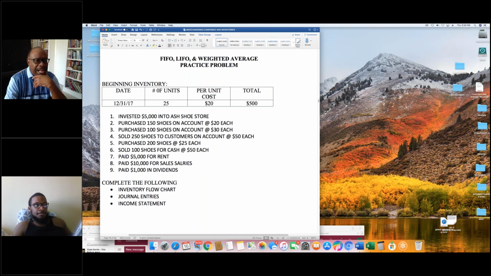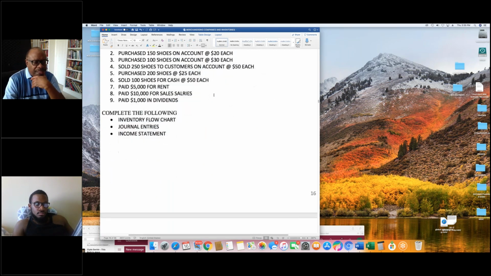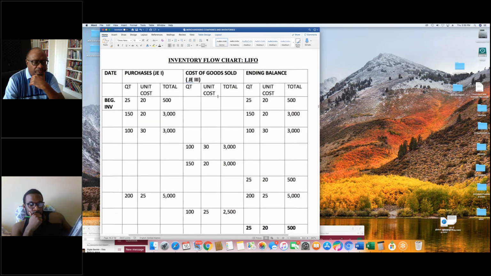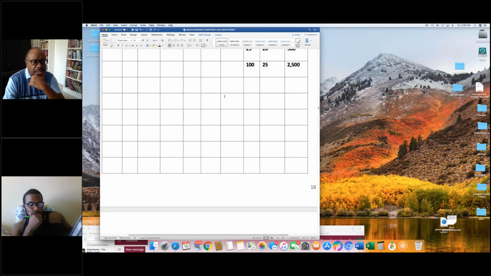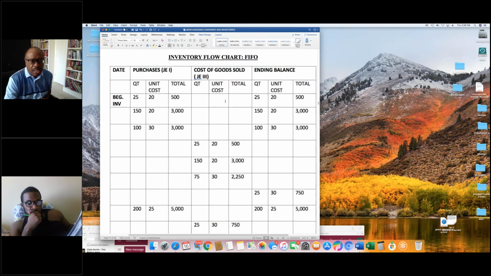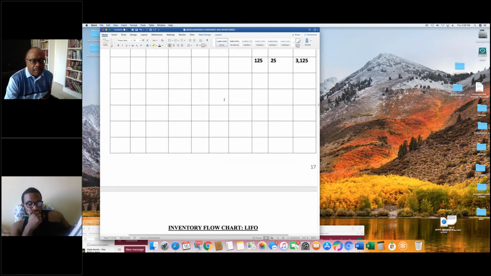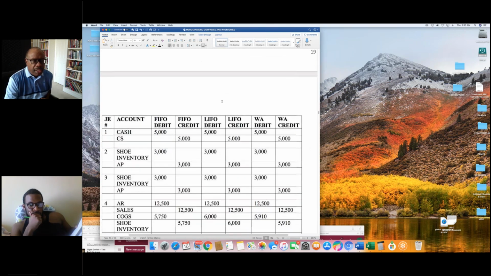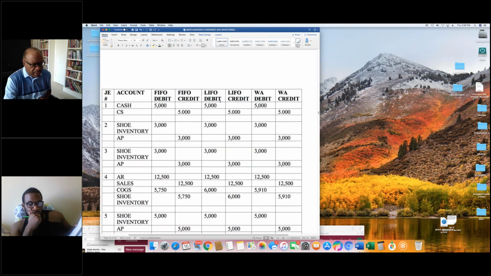Okay, so I actually think on this practice problem, this has already worked out for you. You just look at the FIFO stuff. So here is your FIFO inventory chart. You don't worry about LIFO and weighted average yet. Then you're going to see a different way we do journal entries, because a lot of the journal entries overlap. We do it this way here, the FIFO, LIFO, and weighted average.